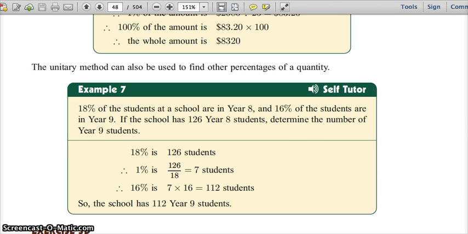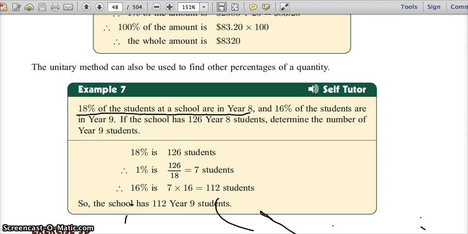18% of students at a school are in Year 8 and 16% of the students are in Year 9. Let's just take this bit to start with. 18% of the students at a school are in Year 8. Okay, when we read on quickly, if the school has 126 Year 8 students, determine the number of Year 9 students.